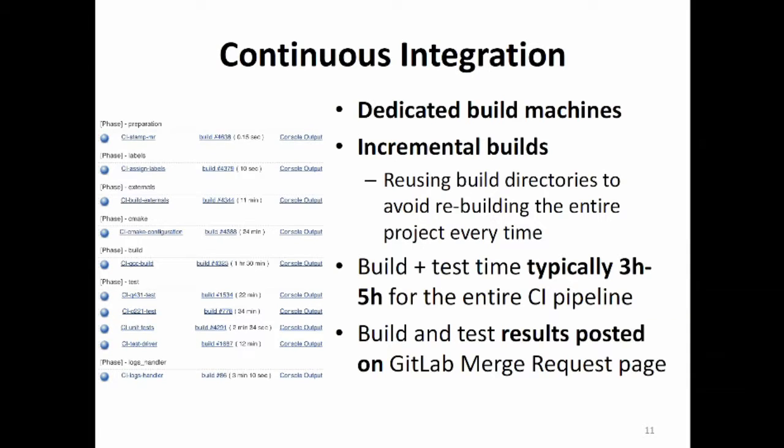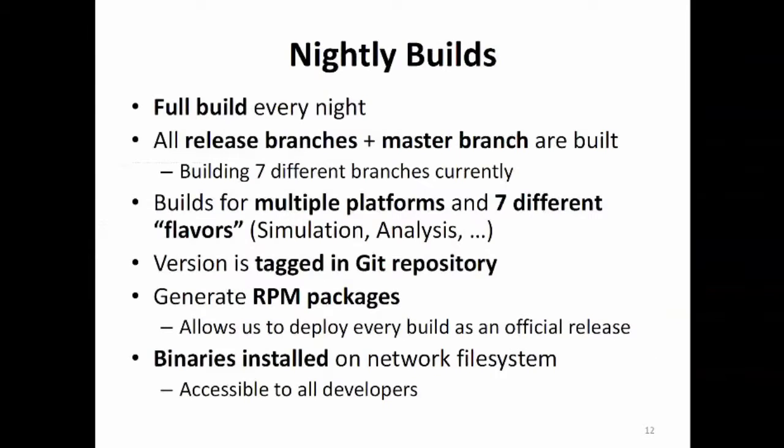And typically, running this continuous integration pipeline takes about 3 to 5 hours. So that's really a huge improvement in my mind as a developer, from about 24 hours in the past as a feedback cycle, now to 3 to 5 hours. And the build results are posted on the GitLab merge request page, so we'll see later what that looks like.